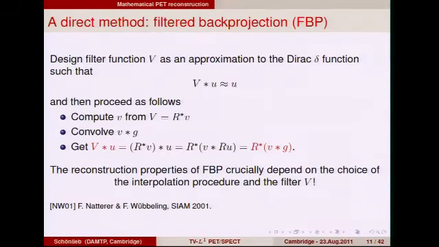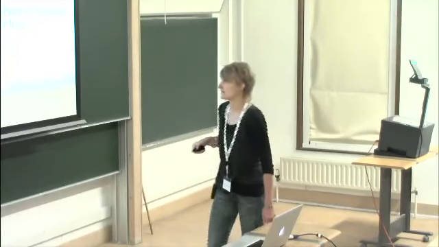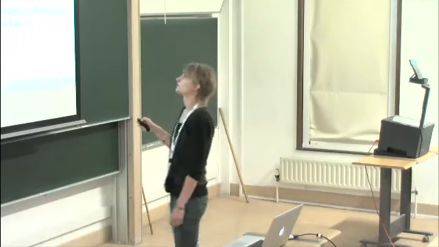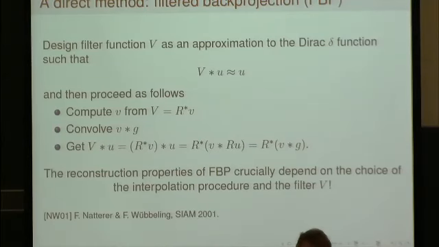The first example is a direct method, filtered back projection. Filtered back projection amounts to computing a filtered version of your image. So U is your image, and you compute a filtered version of this image by going through basically three steps. First you compute the corresponding filter in projection space, in radon space, by saying that the filter in image space is nothing else than the back projection of the filter in the projection space, where this back projection operator is just the adjoint of the radon transform.